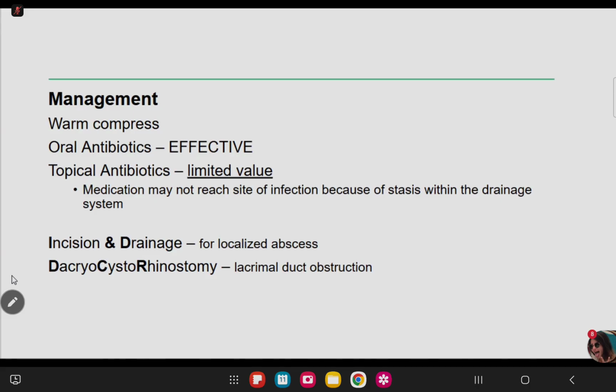Medication may not reach the site of infection because of stasis within the drainage system. That's why we usually prefer oral antibiotics, which are more effective. So incision and drainage for localized abscess, we also perform the dacryocystorhinostomy for the nasolacrimal duct obstruction.